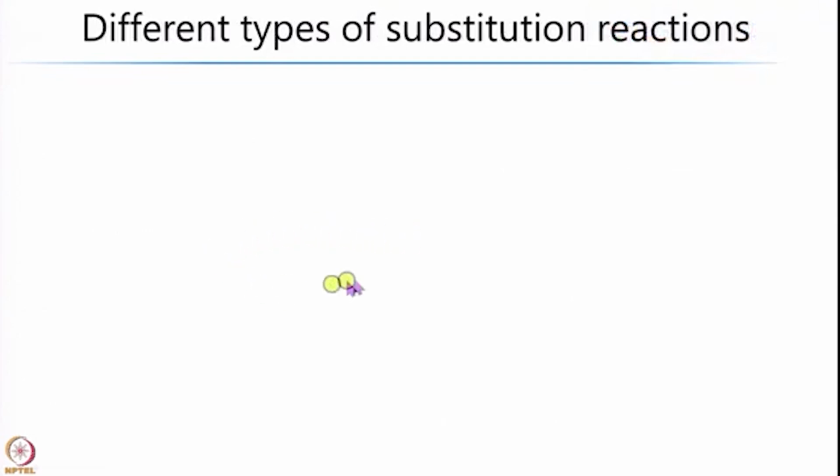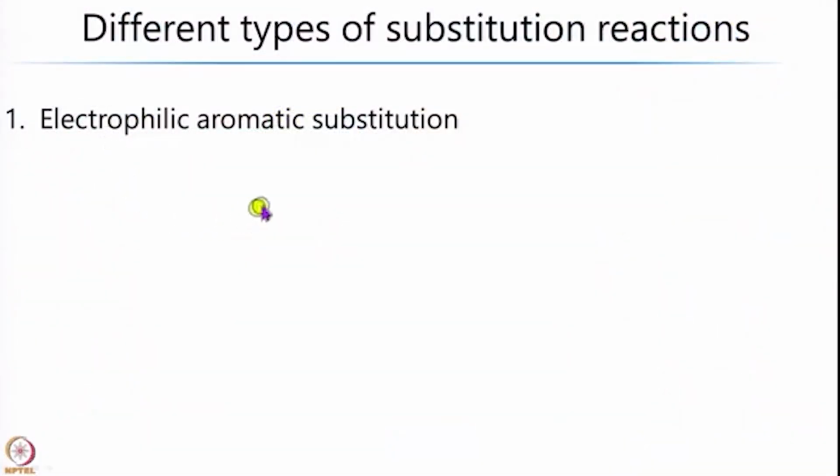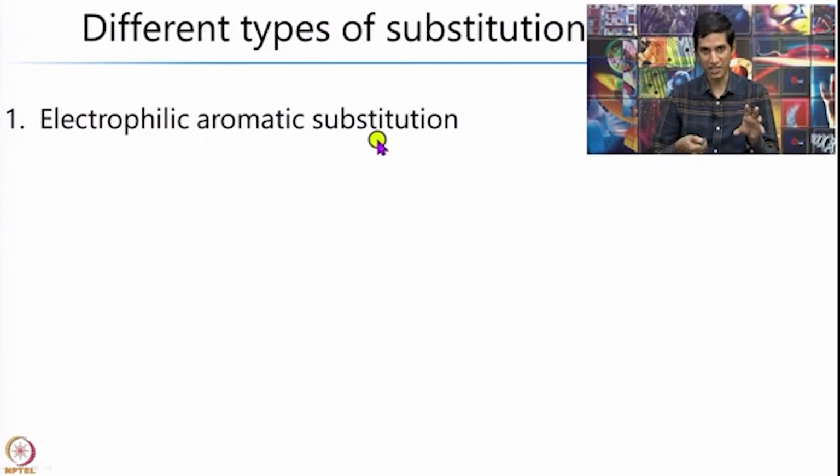So, if we talk about substitution reactions, like the one I told you in the previous slide, even among substitution reactions there are various categories or subclasses. So, let us first see what these subclasses are. The first one is electrophilic aromatic substitution. It might look a mouthful, but please bear with me, I will explain this in detail in a minute.